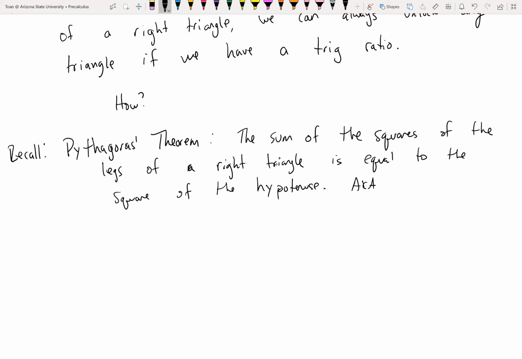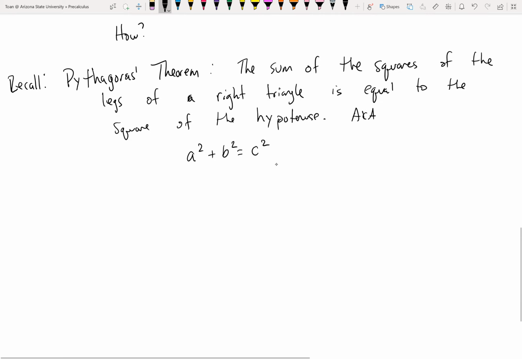Or if you are not a written type of person, the famous formula a squared plus b squared equals c squared, assuming c is the hypotenuse.